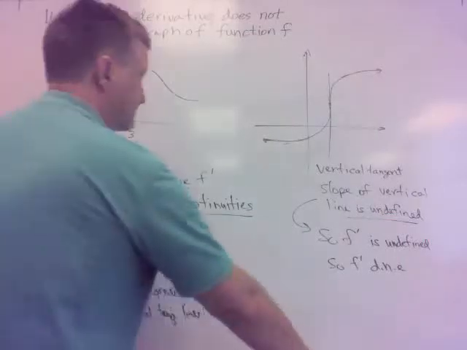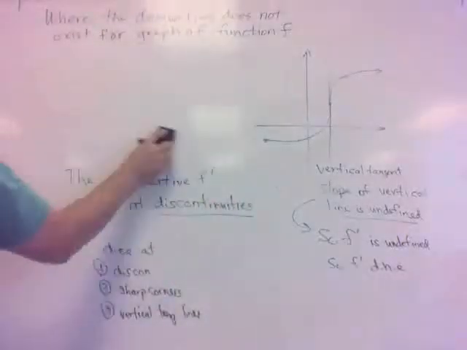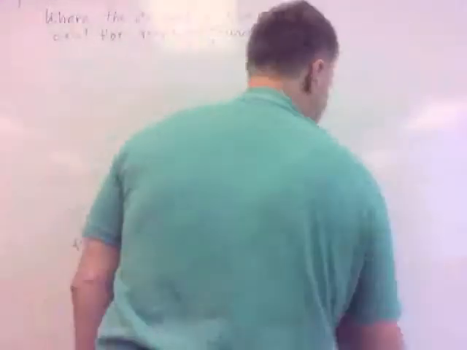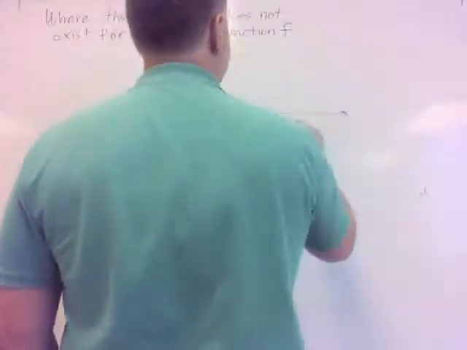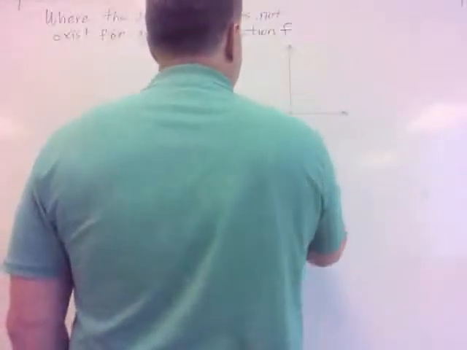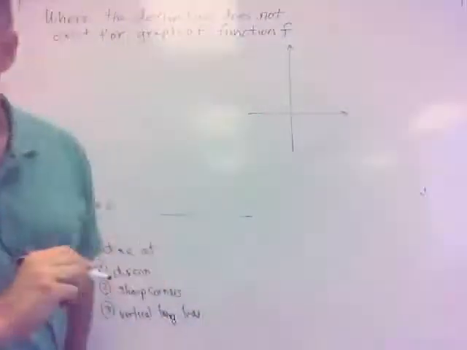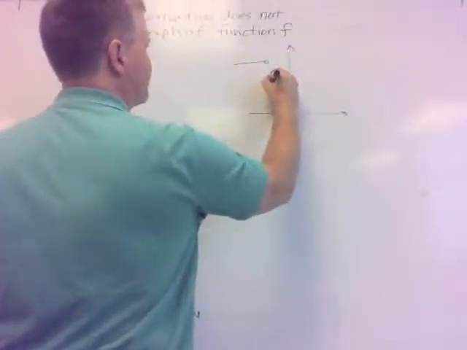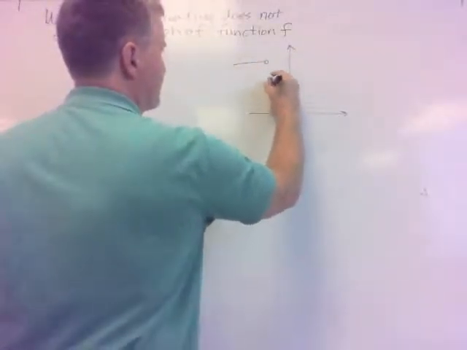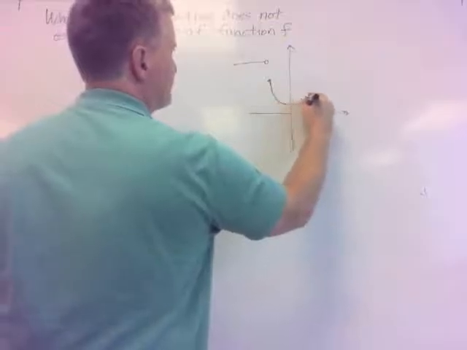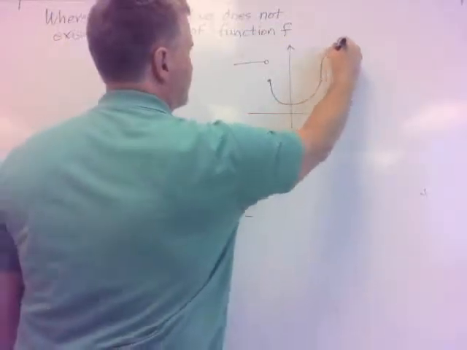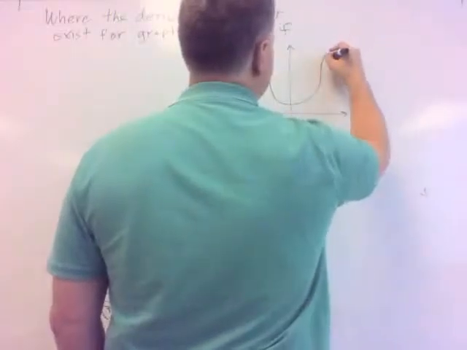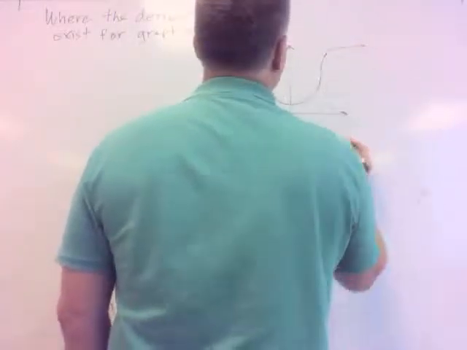So if I had a graph here, let's see, say it, yeah. All right, so it comes in here, makes a little jump, goes up and over, and then, yeah.